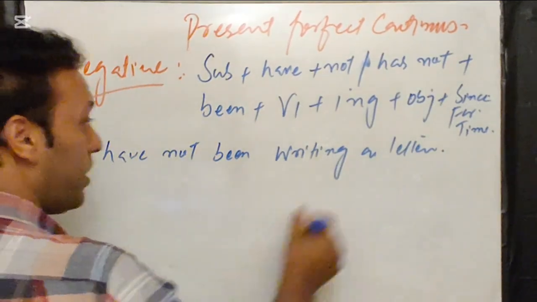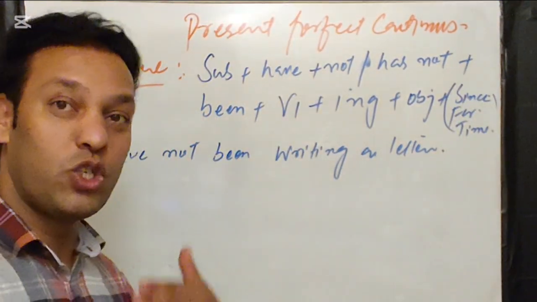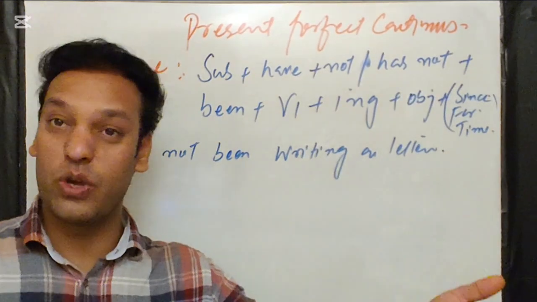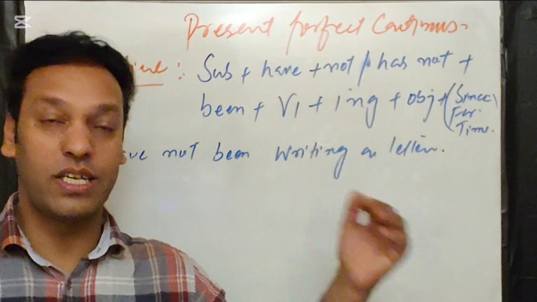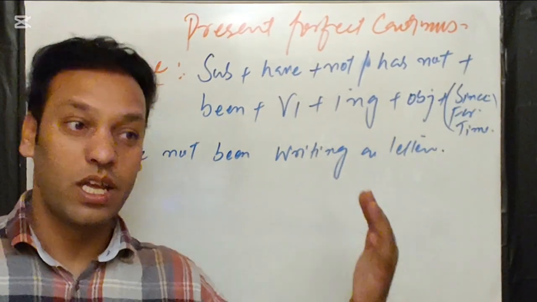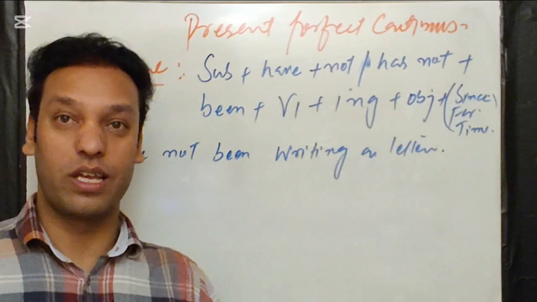Okay. So this is actually the since and for formula. Since and for show how much time you were writing, how much time you were driving, how much time you were working.